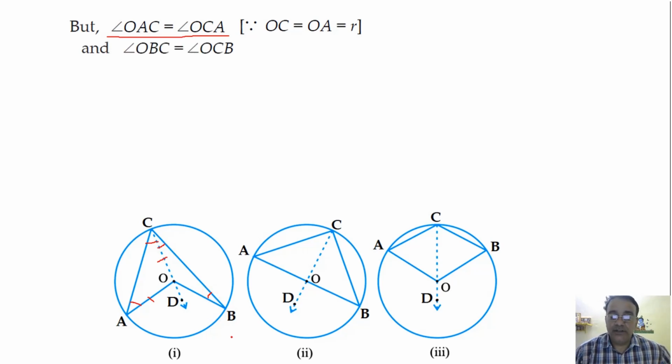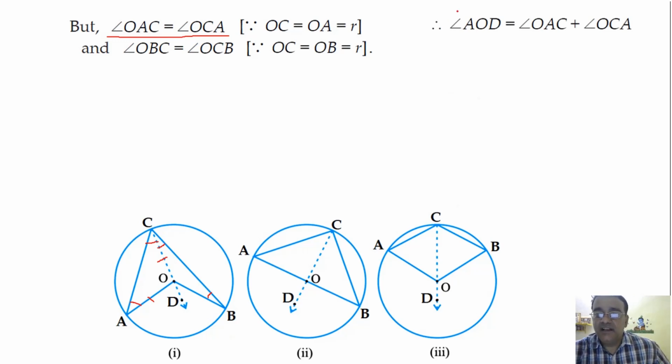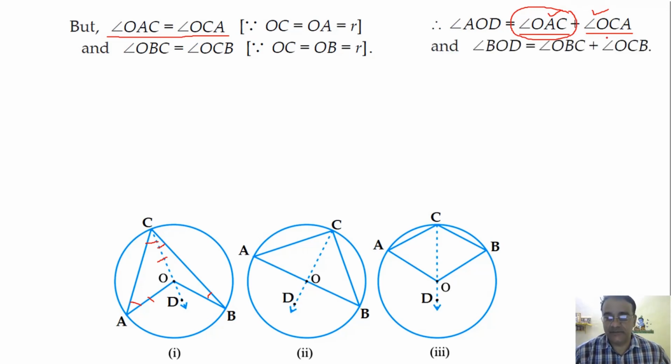Now we are going to see, angle AOD is angle OAC plus angle OCA, and these two are equal. Right? So we can write this angle as angle OCA. So it will become 2 times.